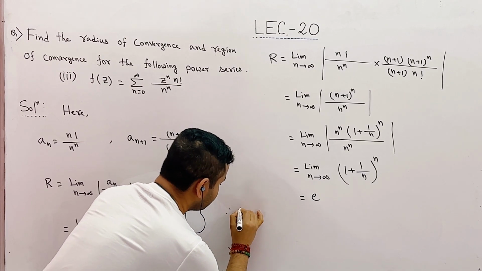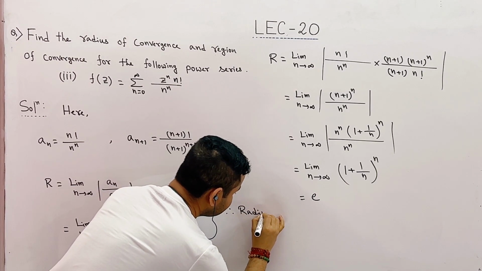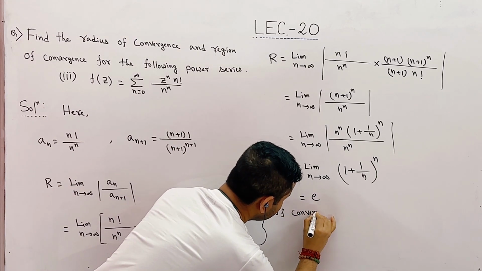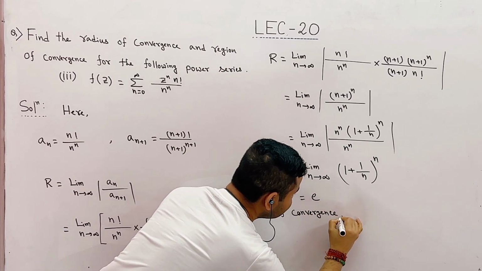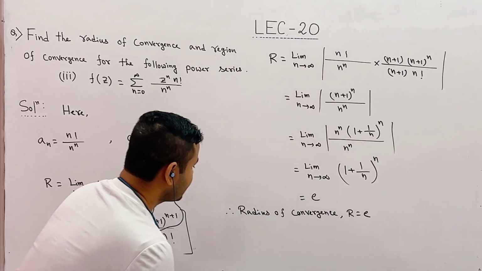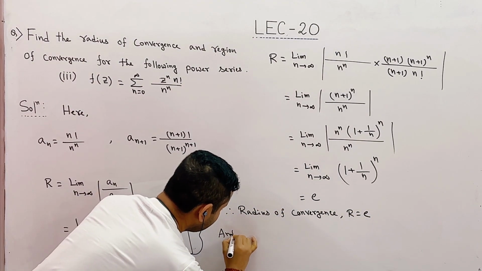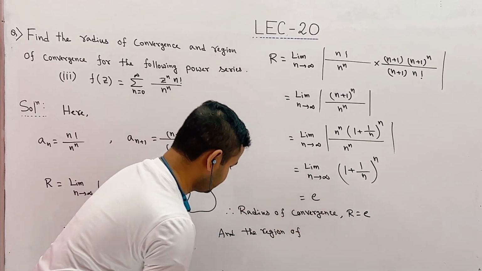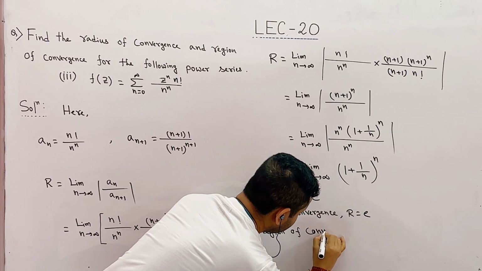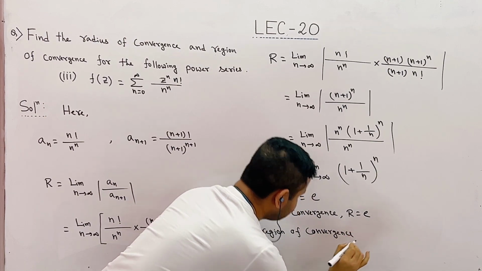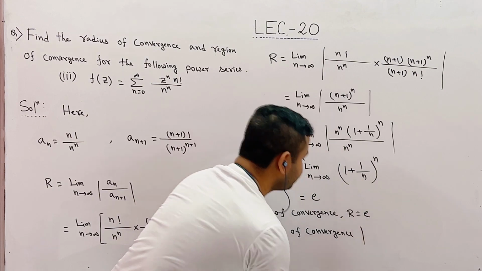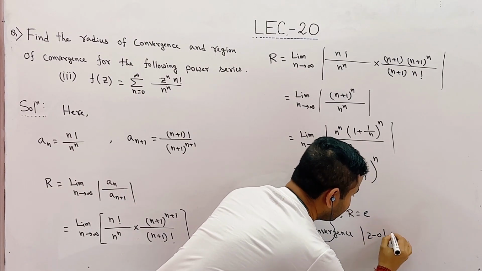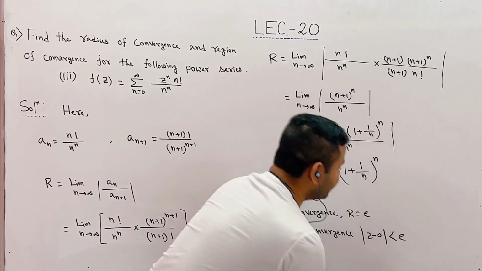So the radius of convergence of the power series is e, and the region of convergence is given by modulus of z minus z naught, here z naught equal to 0, less than r, which is e.